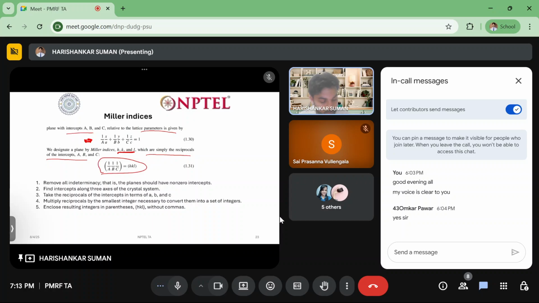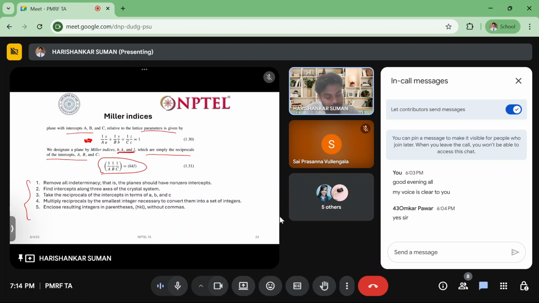Okay, so these are the steps. First, remove all indeterminacy, that is, the plane should have non-zero intercepts.